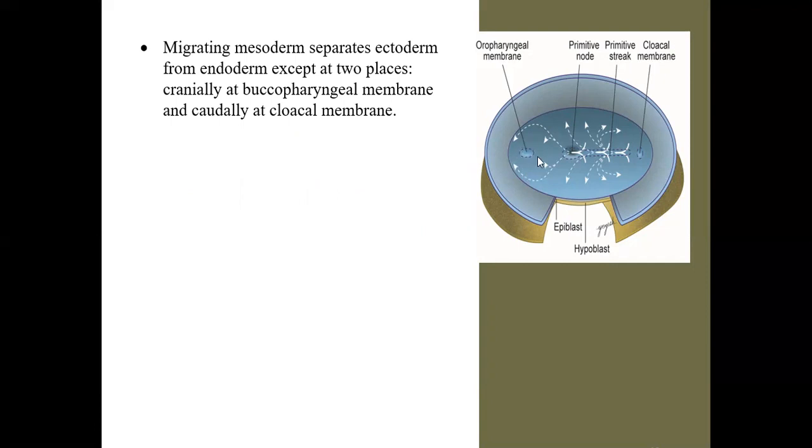So it led to the formation of the prechordal plate. That corresponds on the embryonic disc to an oropharyngeal membrane where the mesoderm will not be formed. So the oropharyngeal membrane cranially and the cloacal membrane caudally are the two places where the ectoderm and endoderm are closely adherent and mesoderm is not formed.